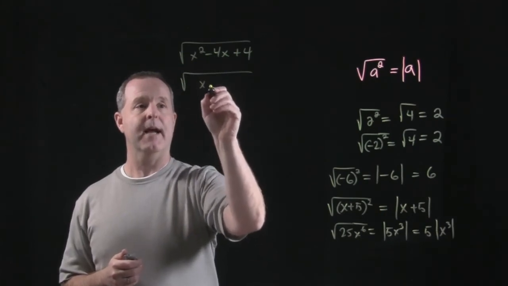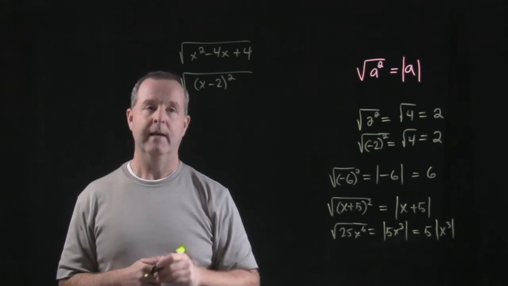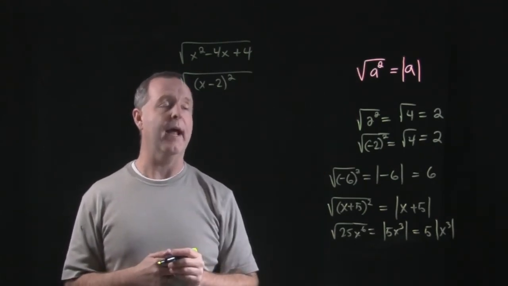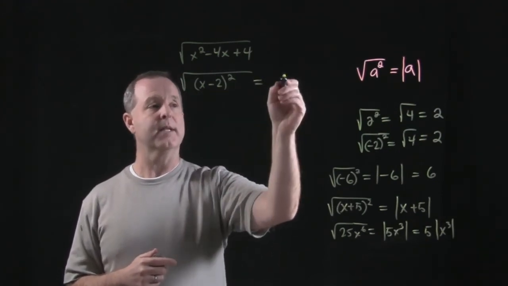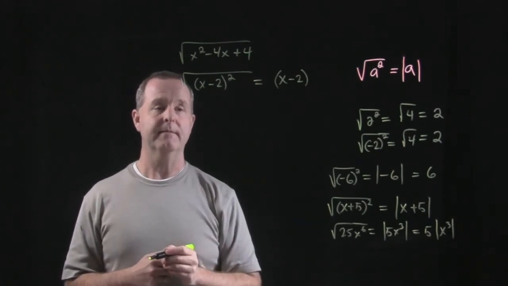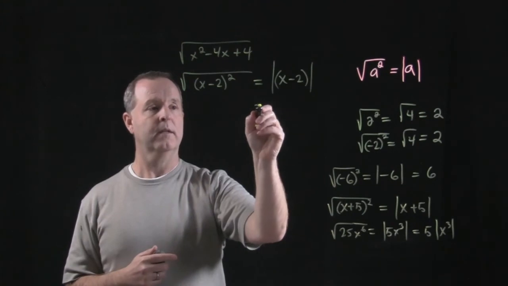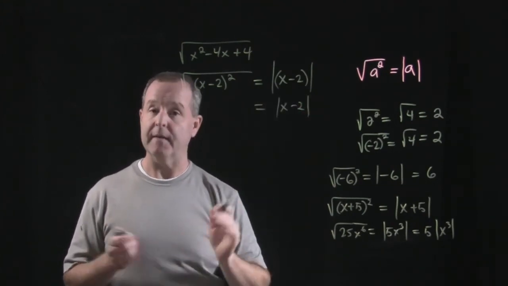This is the same thing as x minus 2 squared. And now I can recognize it in this form, the square root of a squared. This will become then my a, which is x minus 2. And then it's the absolute value of that. Or just x minus 2 within the absolute value.